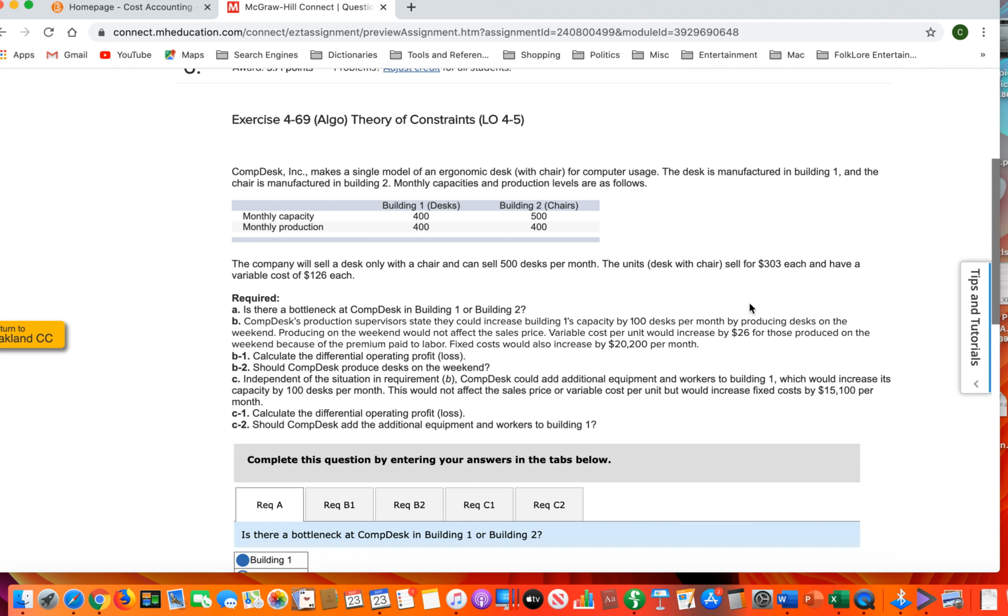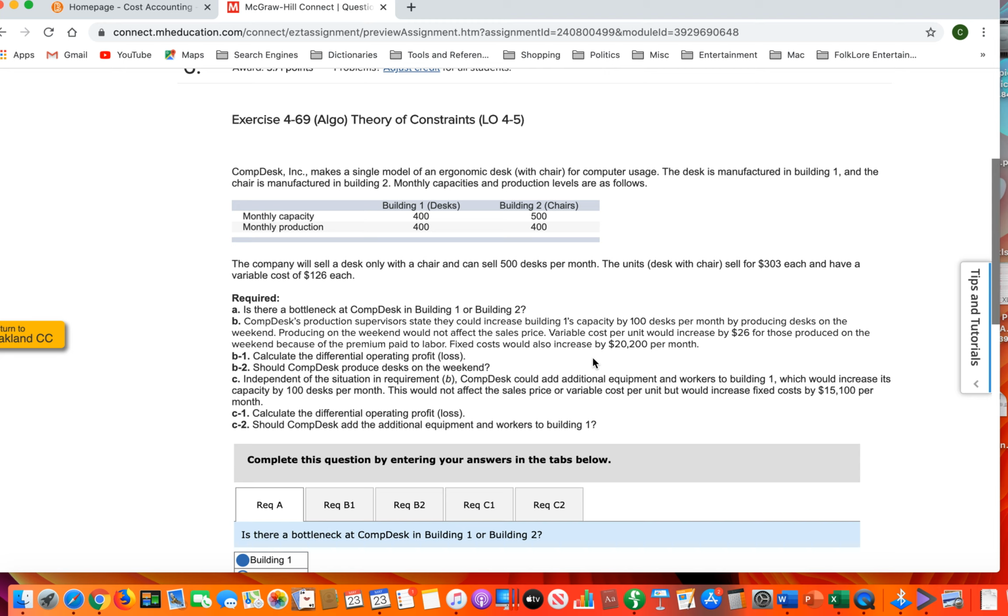So now they can increase the capacity by 100 desks a month by producing on a weekend. Variable costs per unit would increase by $26 because of the labor, and fixed costs will also increase by $20,200 a month. So what should you do?